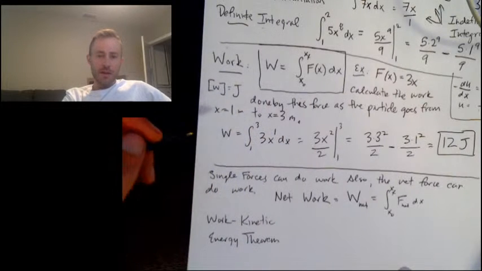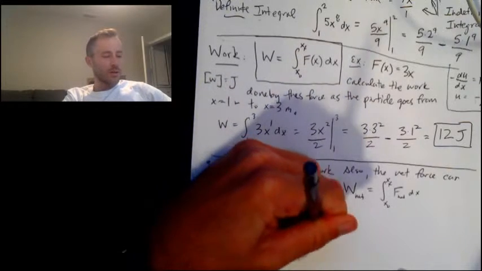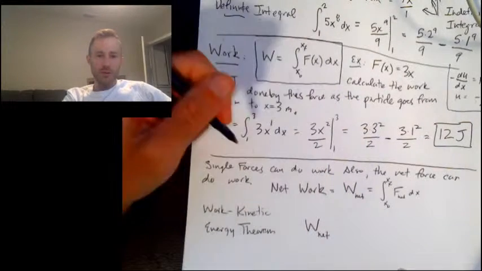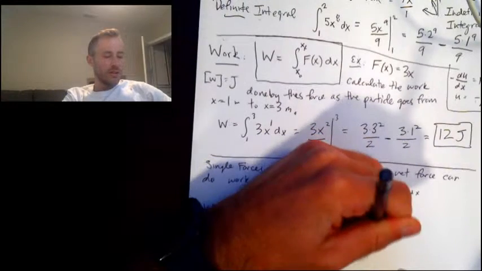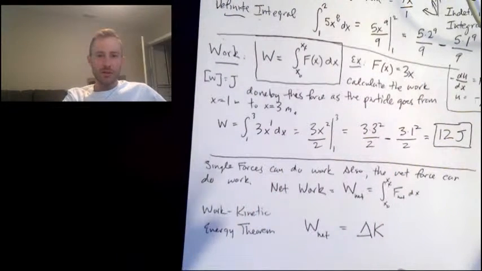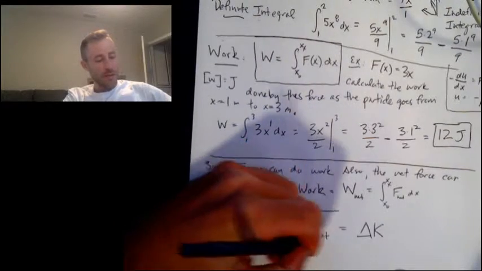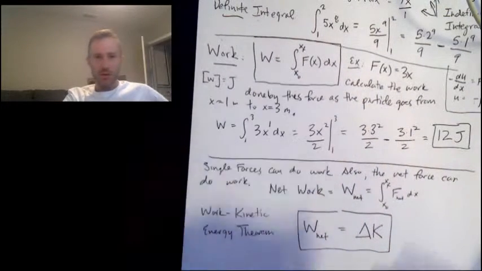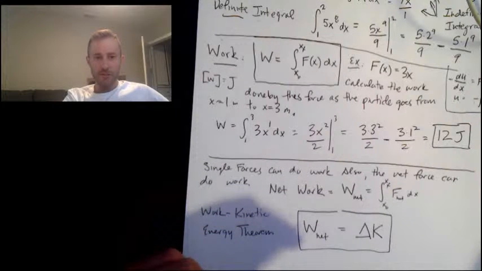What it says is that the work done by the net force is equal to the change in kinetic energy of the object. So this is what relates work to energy. It's kind of the proof that work results in changes in energy.